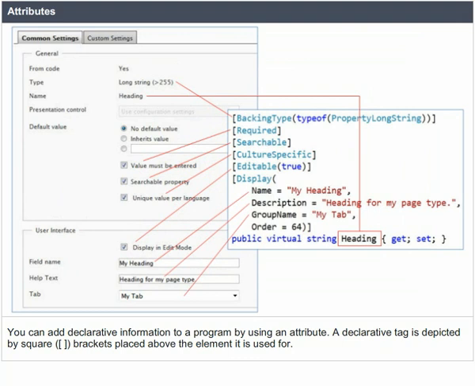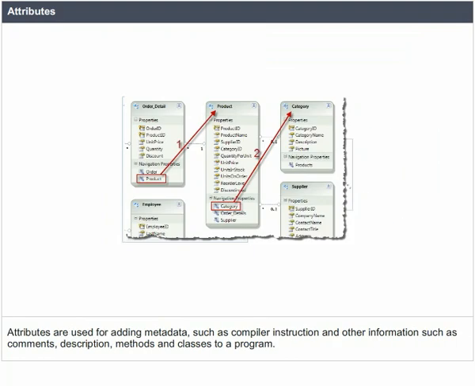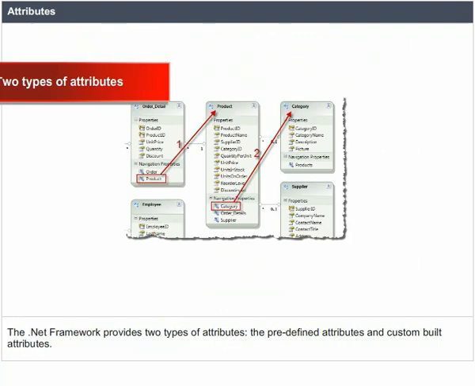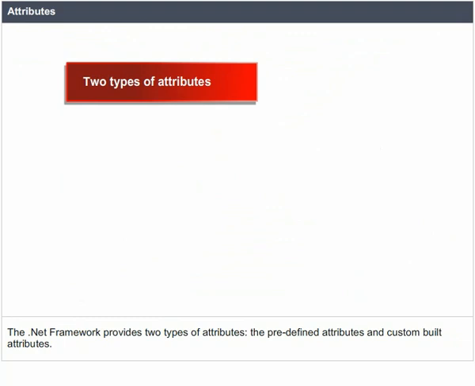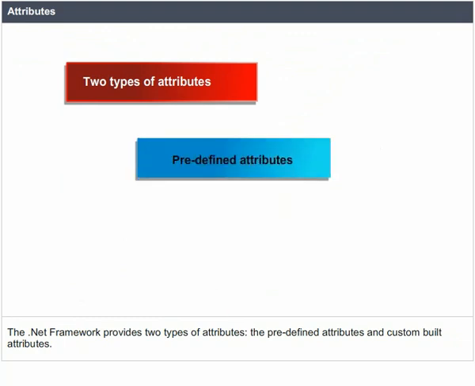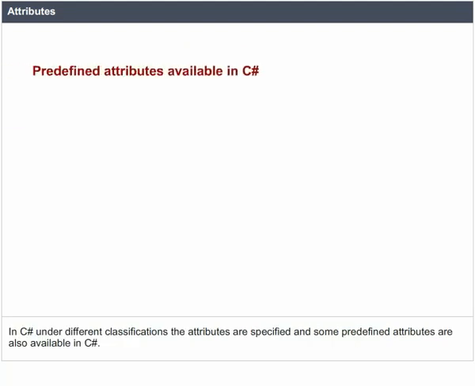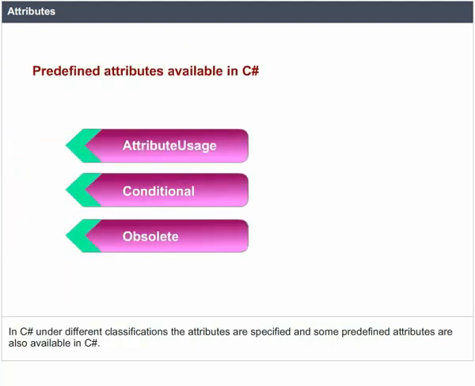Attributes are used for adding metadata, such as compiler instructions and other information such as comments, descriptions, methods, and classes to a program. The .NET framework provides two types of attributes: predefined attributes and custom-built attributes. In C#, the attributes are specified under different classifications, and some predefined attributes are also available in C#.